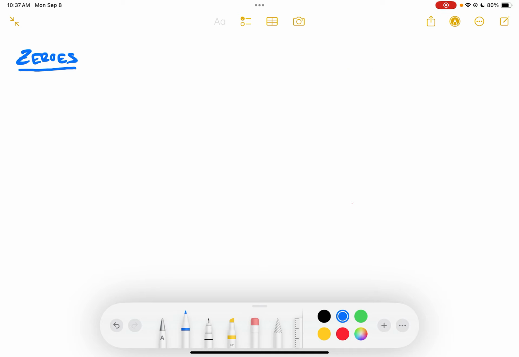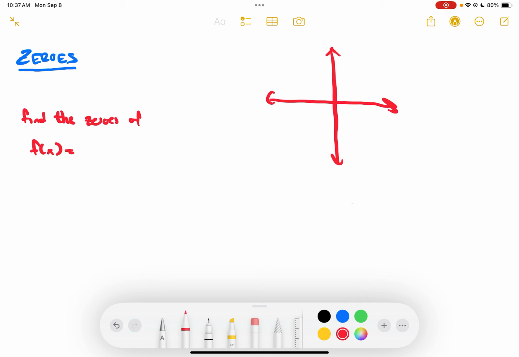Okay, so I'm going to bring the grid back. And let's say we're going to find the zeros of a quadratic function. x squared plus 6x plus 8. So once again, I'm going to rely on this definition.